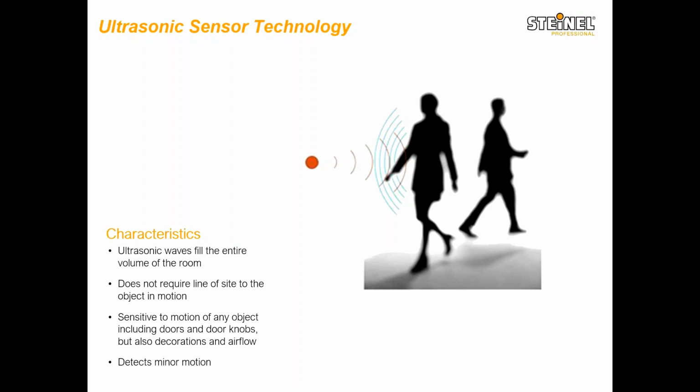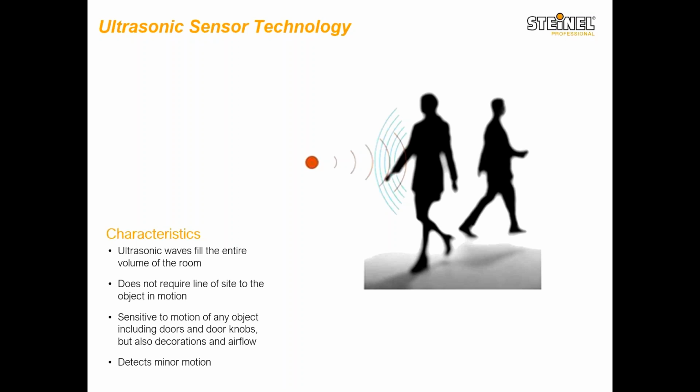So your ceiling tiles, your glass window because an airplane passed by, or anything. And this also gives us the chance to detect very minor motion, which usually cannot be detected by PIR sensors because the motion doesn't cross two detection zones, even if it satisfies all the other requirements of PIR sensor detection.